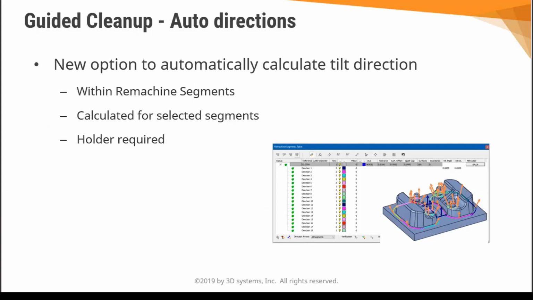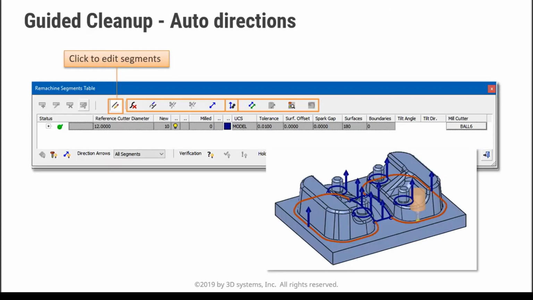Inside the ReMachine segment table, there is a new option, automatic tilt direction for a selected segment. The system considers the holder and the part and suggests an optimized direction. A click on the Edit segment icon will open the Edit tool options.